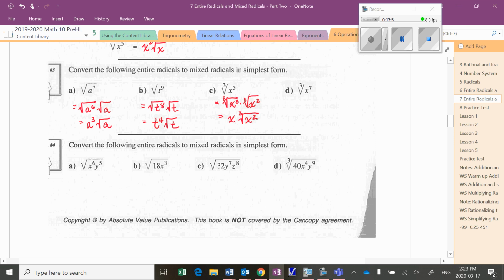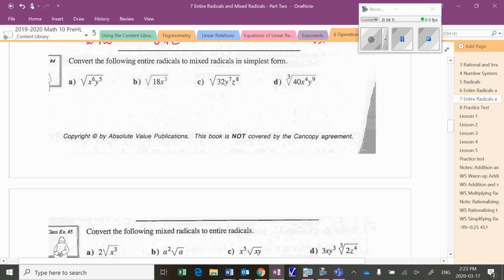Similar, again, cube root of x to the 7th, the largest multiple of 3 that I can get close to x to the 7th is going to be x to the 6th, so the cube root of x to the 6th times the cube root of x, and so then we're looking at x squared times the cube root of x.